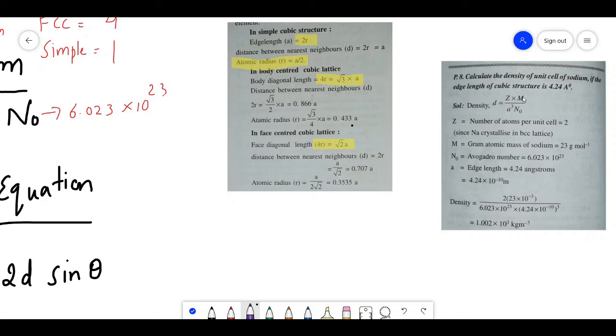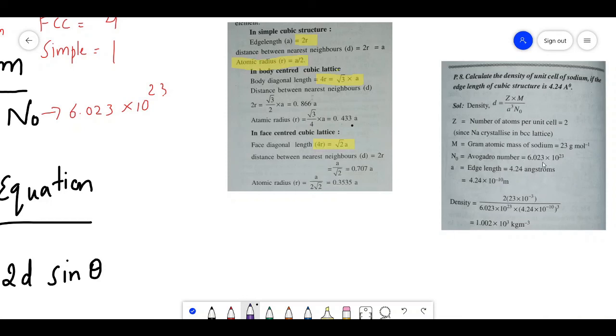And this is a problem which is related to density. So density is equal to Zm by a cube into N naught. See here in the question: calculate the density of unit cell of sodium if edge length of the cubic structure is 4.24 angstroms. Sodium crystal is having a BCC lattice, so Z value you have to take as 2, and the molecular weight of sodium is 23.